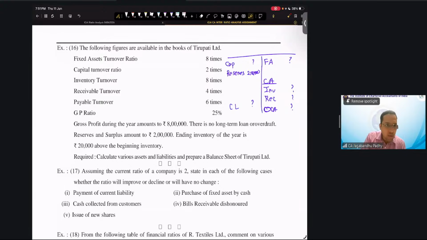Okay, capital 14 lakh, fixed asset 4 lakh, average inventory 4 lakh, receivable 8 lakh.